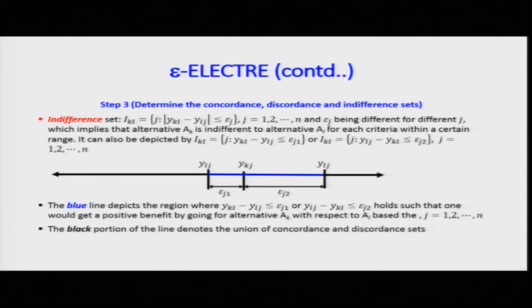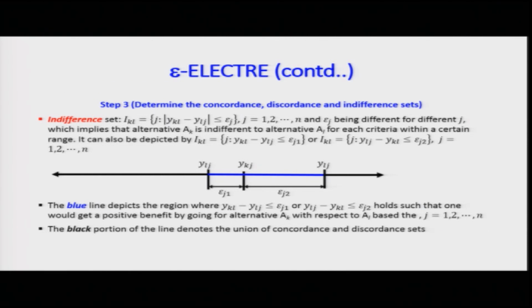That is, the mod of y k l minus y l j is less than or equal to epsilon, indifferent to alternative A l for each criteria within a certain range, and that range would be dictated by the criteria.